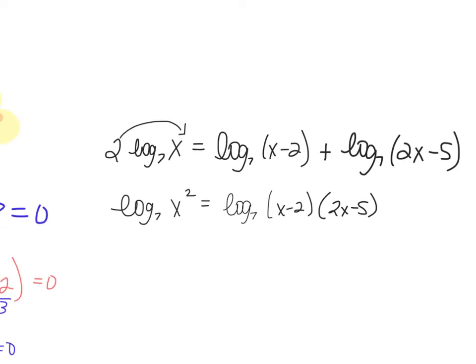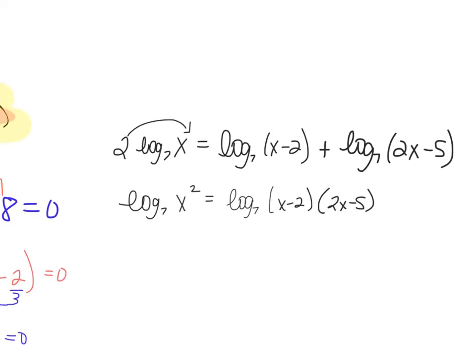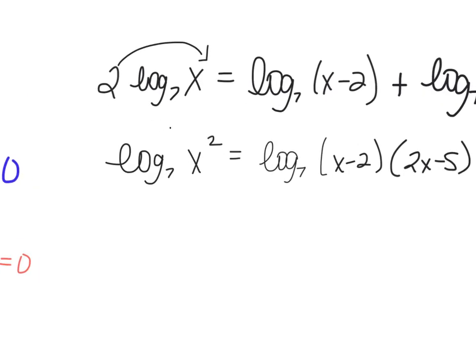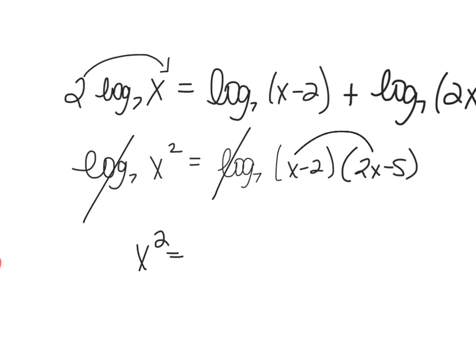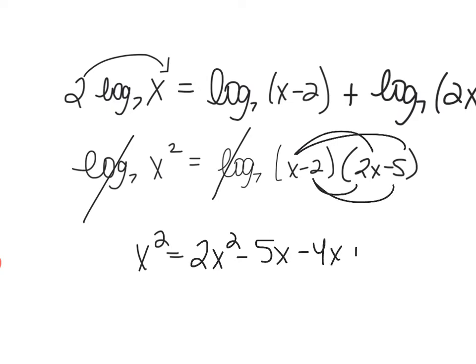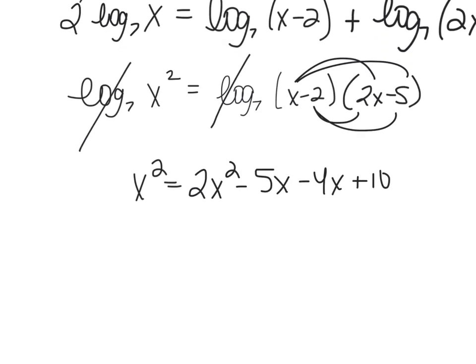Very good. Now are the logs the same? So now we cross out, and this becomes x squared equals, FOIL this. What's x times 2x? 2x squared. What's x times negative 5? Negative 5x. What's negative 2 times 2x? Negative 4x. And what's negative 2 and a negative 5? Plus 10.